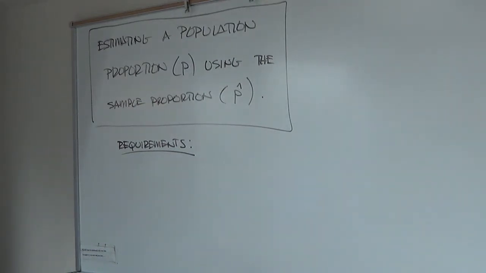Every time you run a test or an interval, you have to satisfy a checklist. Did you do this? Is it like this? And if you can check off all those things, then yes, it's okay to run whatever test we're talking about. This can be a problem when you go into the world to do statistics, because you can do statistics on just about any numbers, but that doesn't mean it tells you anything.